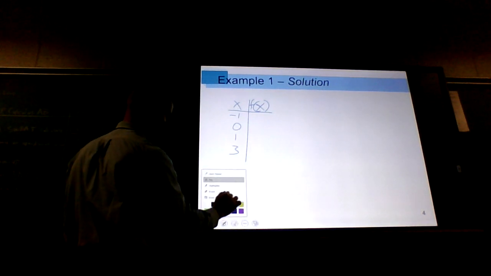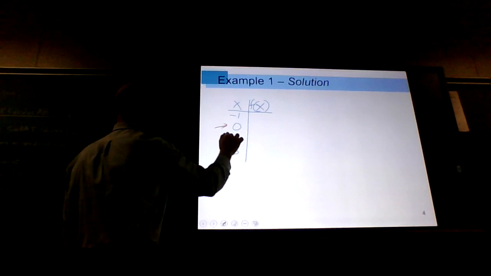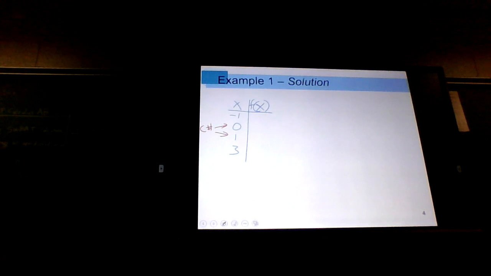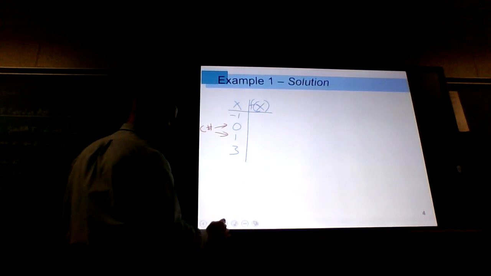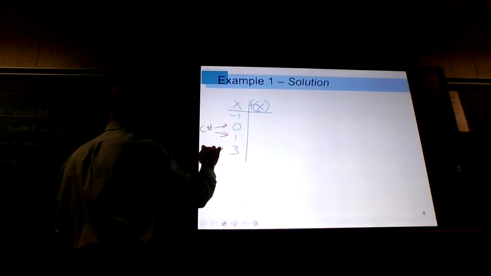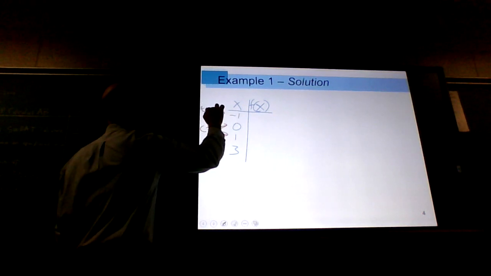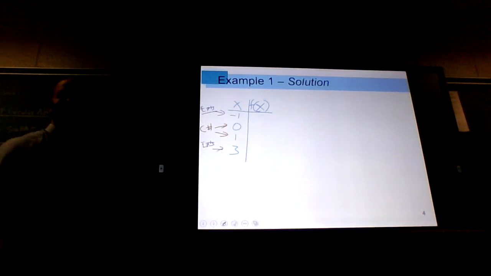Remember, and I'll make a little note here. These two guys were critical numbers on the curve. And then these two guys, those are endpoints. Right? So you need to test all 4 of those things.